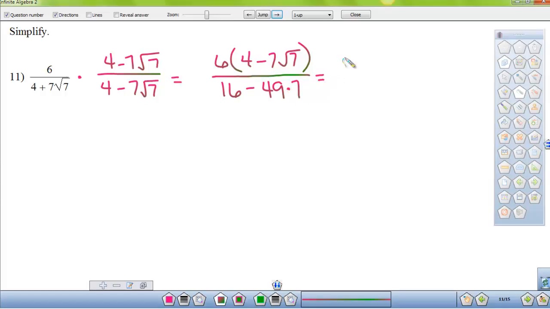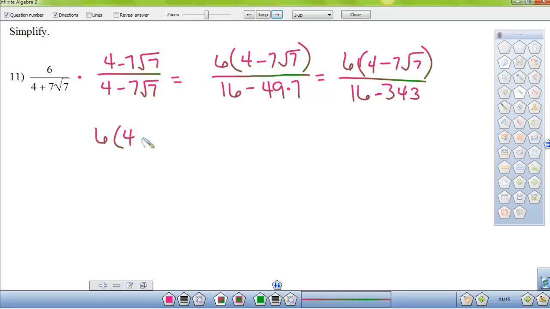Okay, and so this gives us 6 times 4 minus 7 times the square root of 7 over 16 minus 343. That's kind of a huge number there, but let's continue this process.